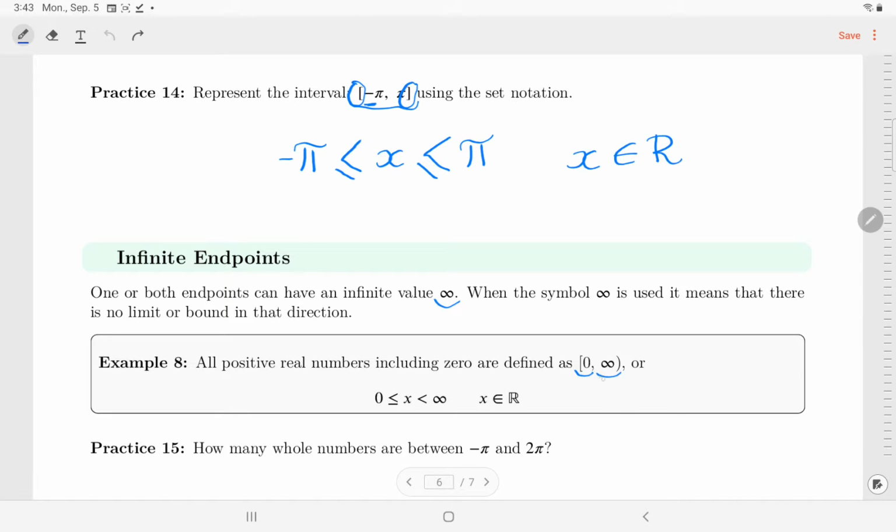But notice it does not include infinity, but it goes towards infinity. So x is greater or equal to 0 and x is less than infinity. And x belongs to all real numbers. Try the next few practice questions on your own, so pause the video, and when you're ready, check your solutions.